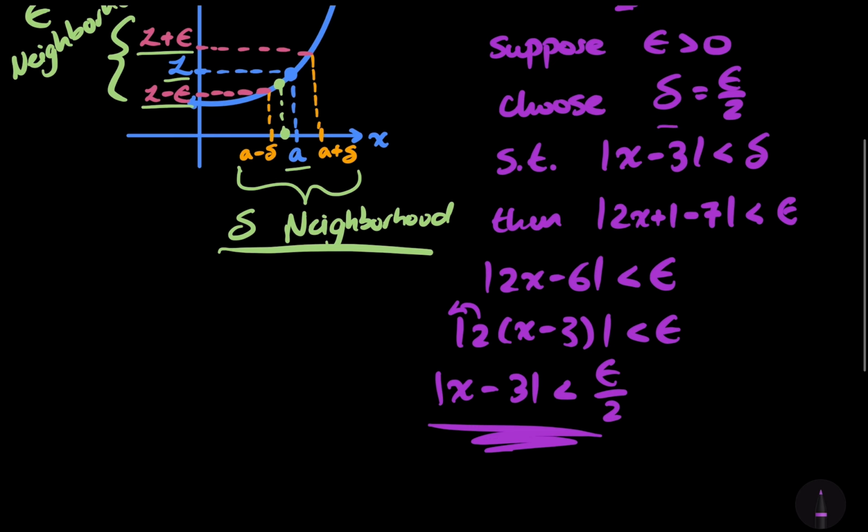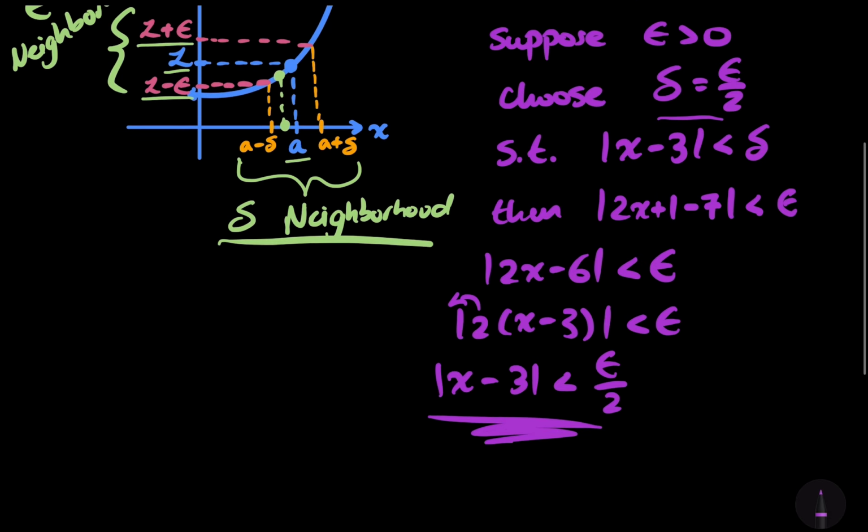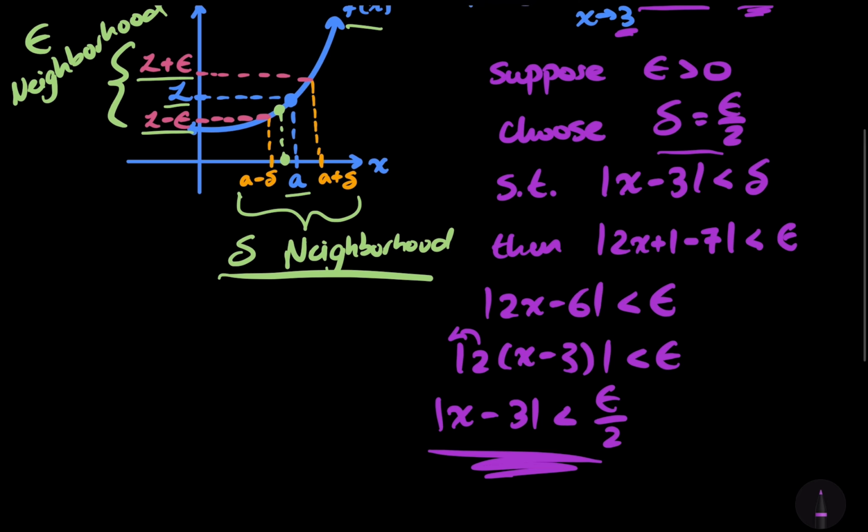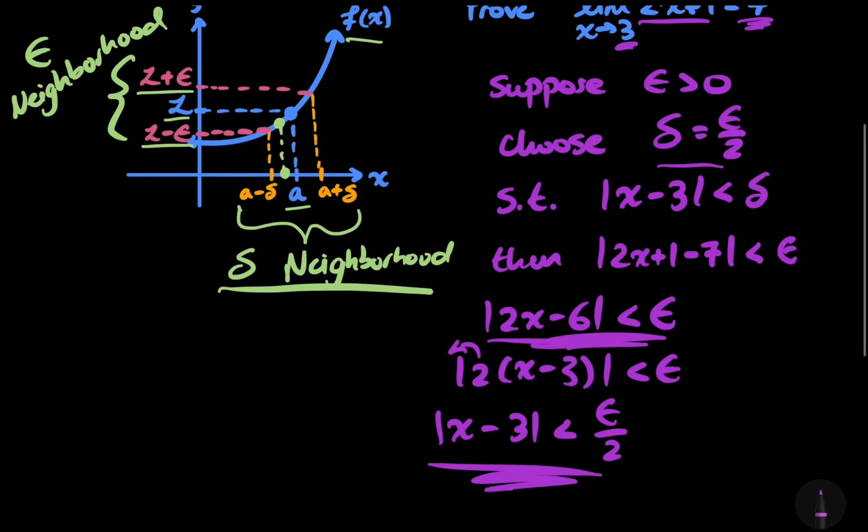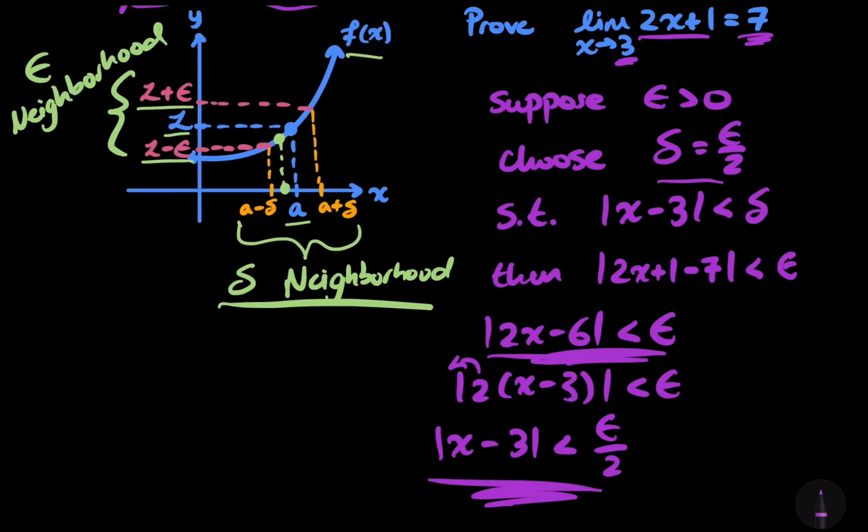If we pick delta to be equal to epsilon over 2, then regardless of whatever epsilon neighborhood we define around our limit value, this inequality over here is always going to hold as long as we pick delta to be equal to epsilon over 2.